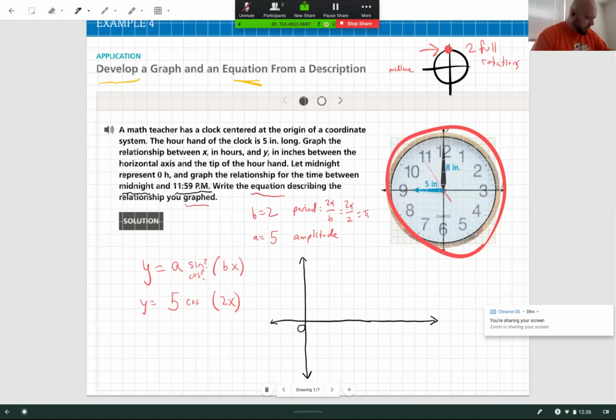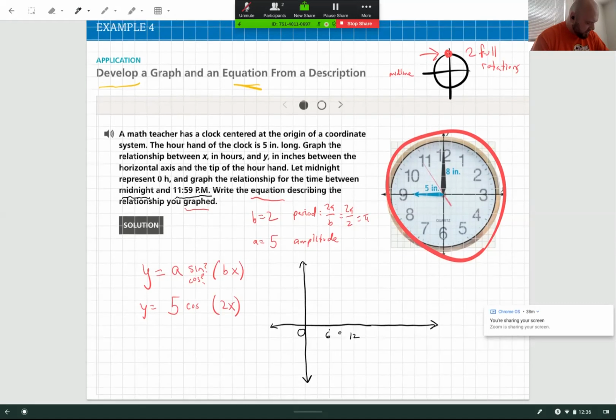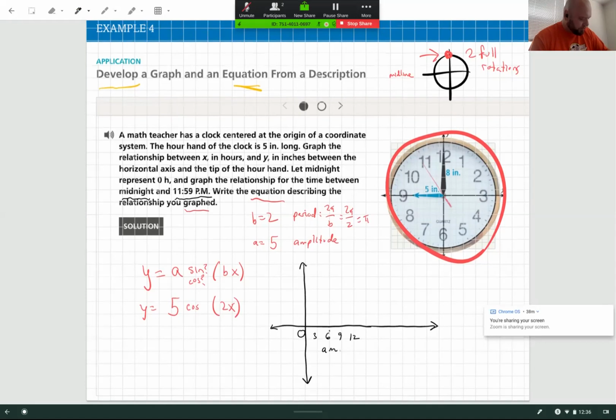So I'm going to go with 12 hours. This will be 6, 9, 3. So this is all going to be my AM, and then I'm going to have 3 p.m., 6 p.m., 9 p.m., 12 p.m. These are my PM hours.